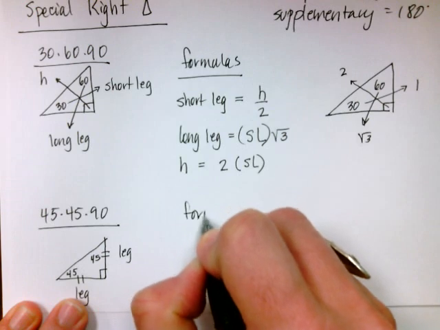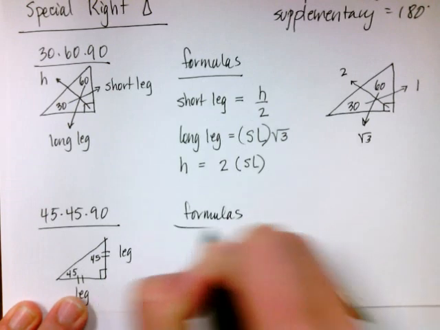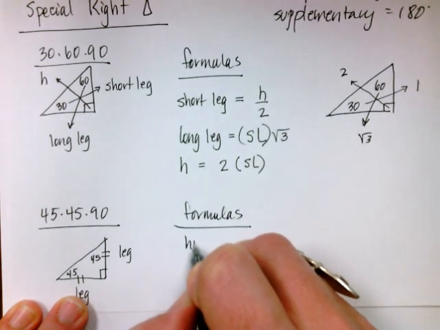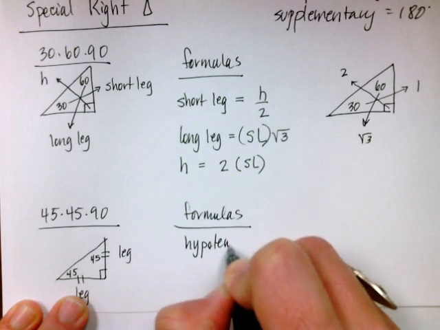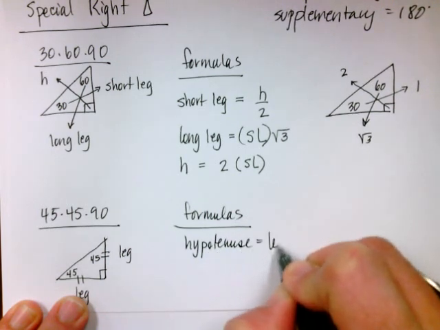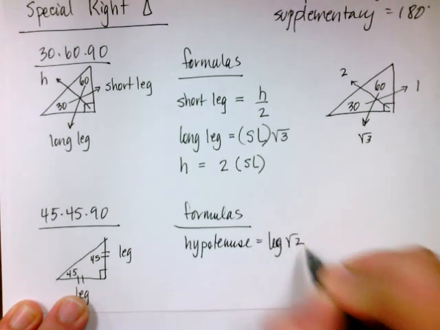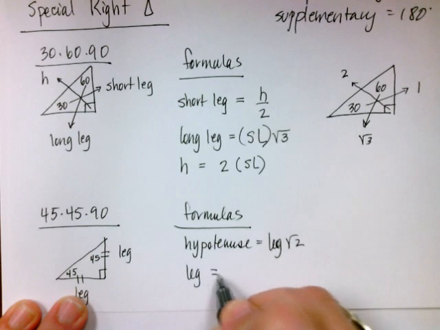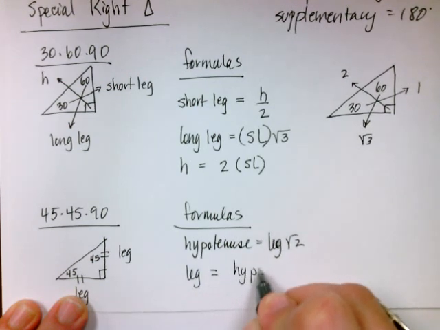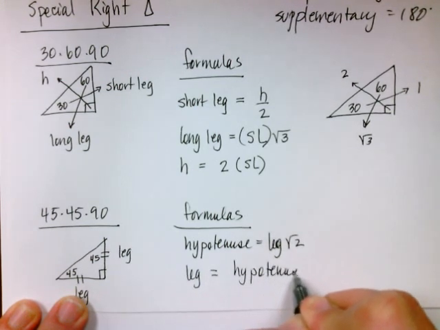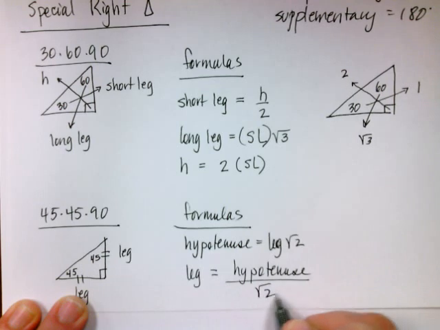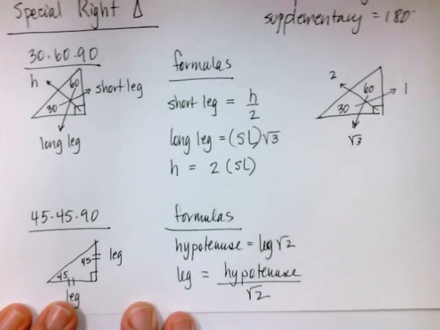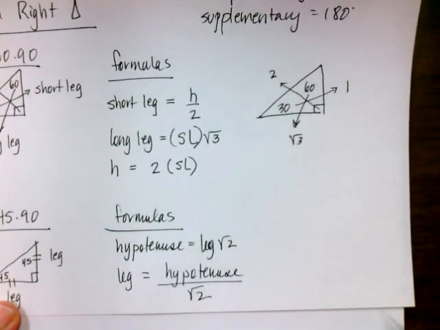Its handy-dandy little formulas are going to be the hypotenuse is equal to leg, radical 2, and both legs are the same length, so I need less formulas. And then my leg is going to equal the hypotenuse divided by radical 2. All right, so let me scoot my paper over just a little bit.